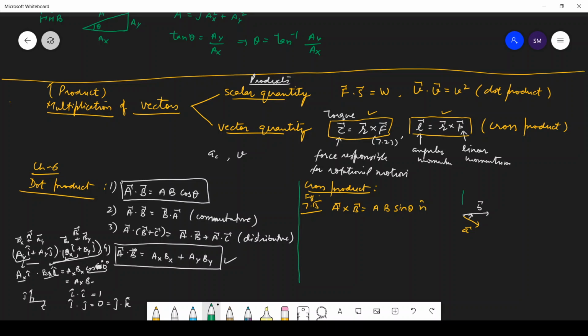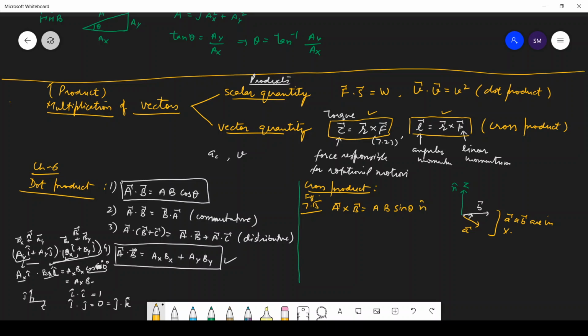So this is the most important thing, how to find the direction. You can simply curl your fingers from A to B, and this is the direction of your thumb. That's the z-axis. Suppose A and B are in the xy plane.